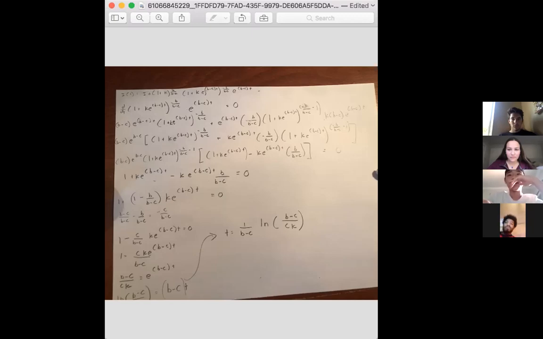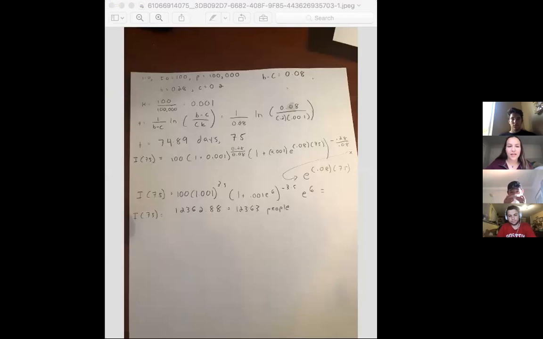So after that, you just have natural log of b minus c over ck is just equal to b minus c times t, and this is in the parentheses. So since everything's connected by multiplication, you have to multiply through, and yeah, then Emily will take it over.